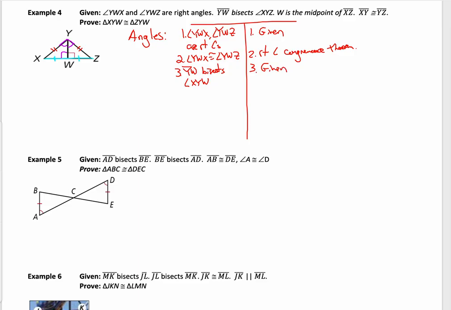That tells me that angle XYW is congruent to angle ZYW, and that's because of the word bisects, right? That's the definition of bisect.